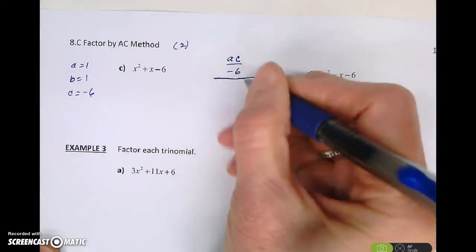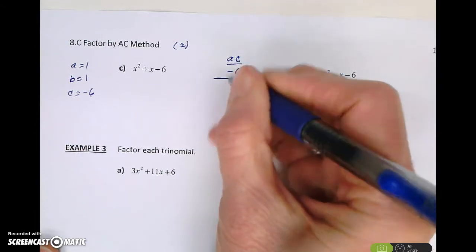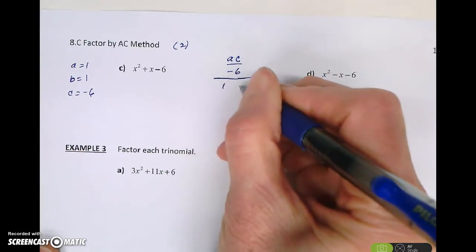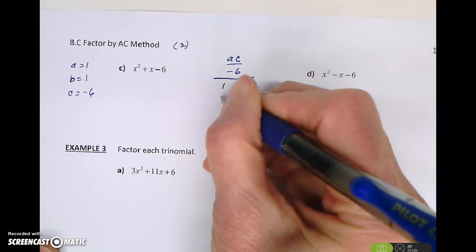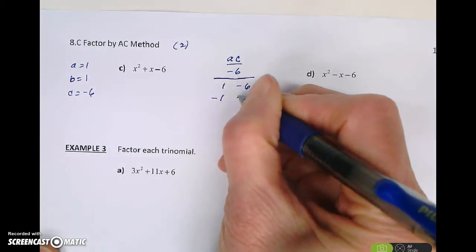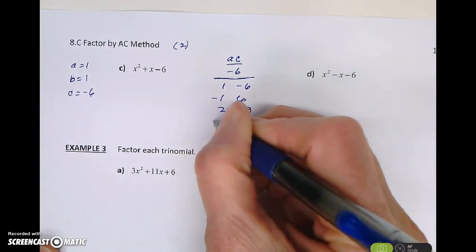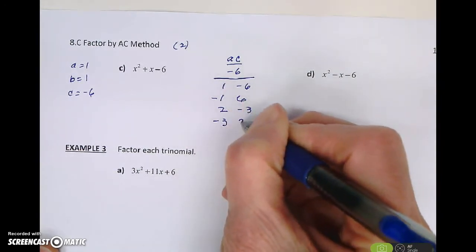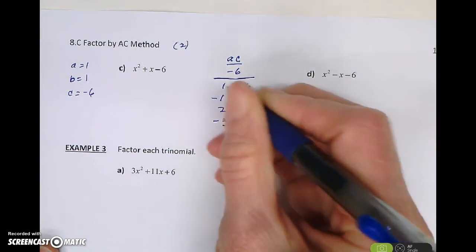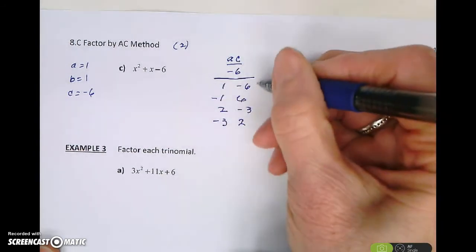So when I list all the pairs of factors for this, I'm going to have a 1 and a negative 6. I could have a negative 1 and a positive 6. I could have 2 and negative 3, or I can have negative 3 and positive 2. These all multiply to be negative 6.